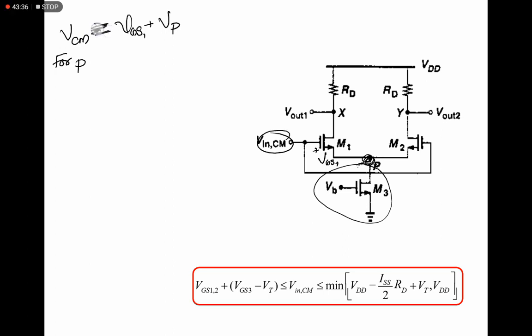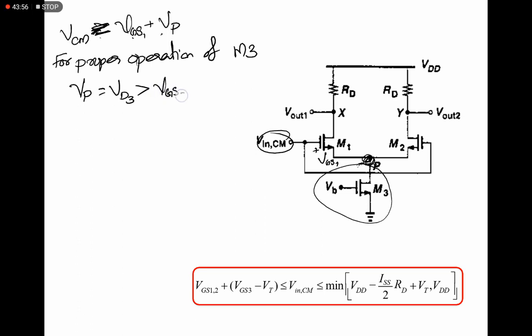Here we can write VCM equals VGS1 plus VP. For proper operation of M3, the value of VP, or VD3, must be greater than VGS3 minus VTH. Then only this one becomes saturated and can act as a constant current source.